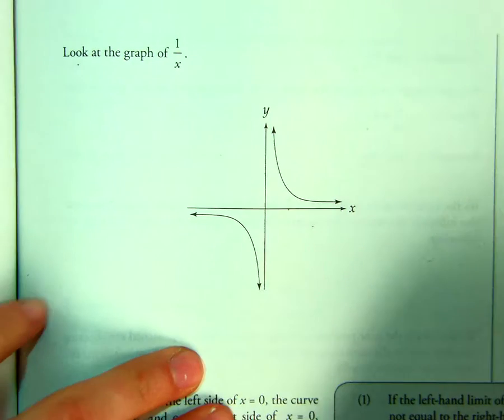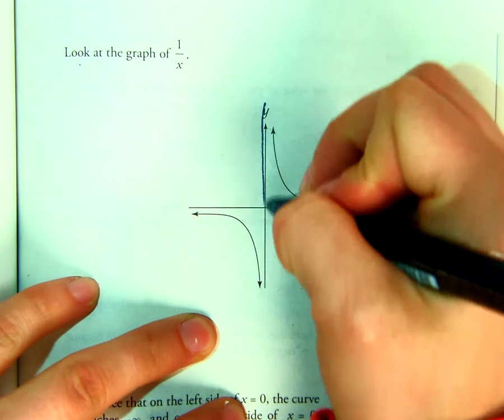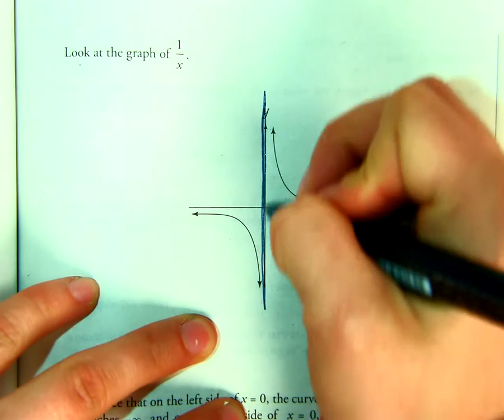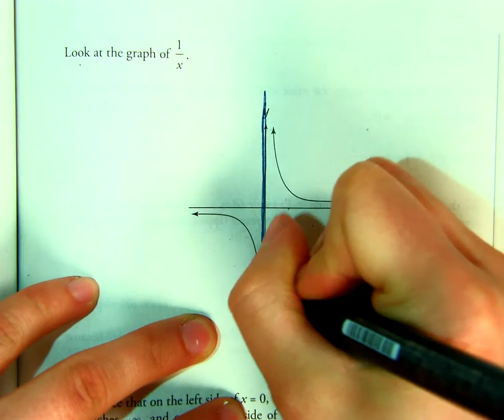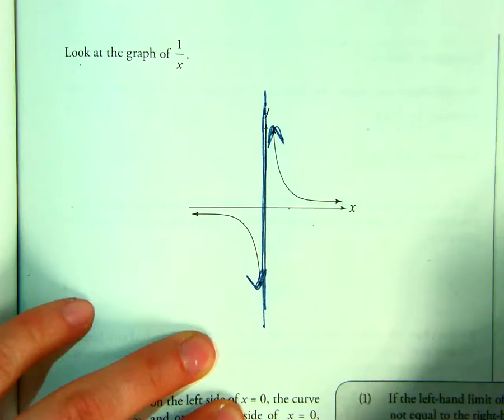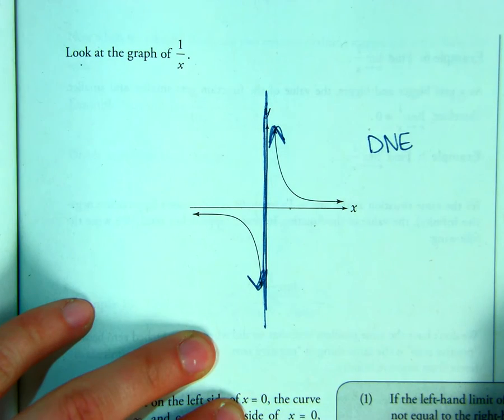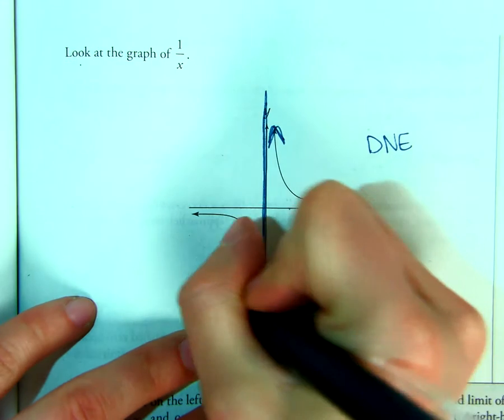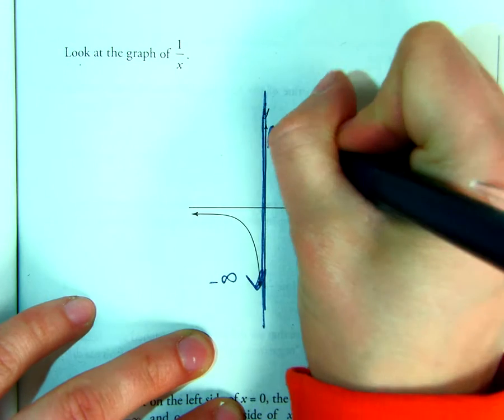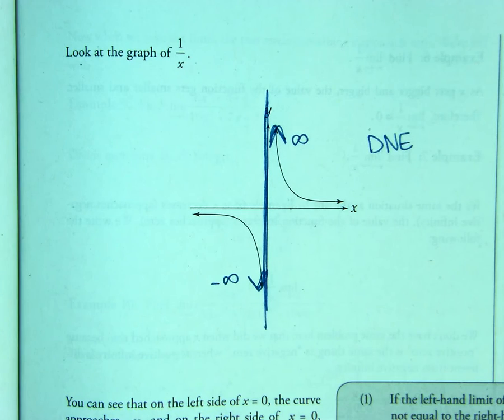Okay, now, as x approaches 0, which is our y-axis, the left is going down, the right is going up. Therefore, the limit, what we call DNE, does not exist. Okay, you can't have one going to negative infinity and the other going to infinity and say a limit exists.